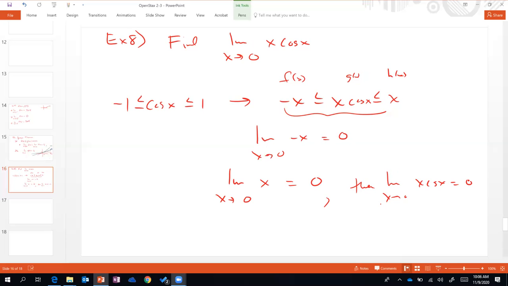So as long as we can find something that our function is greater than and less than, and we can get the limits of those, and if they're the same, that means the middle one has to also be there. Okay. Cool. Are we going to prove the squeeze theorem itself? No, we're just going to use it.